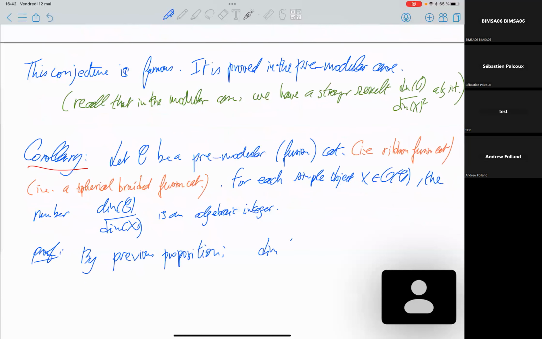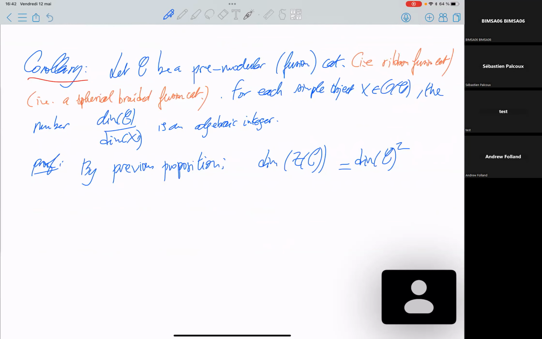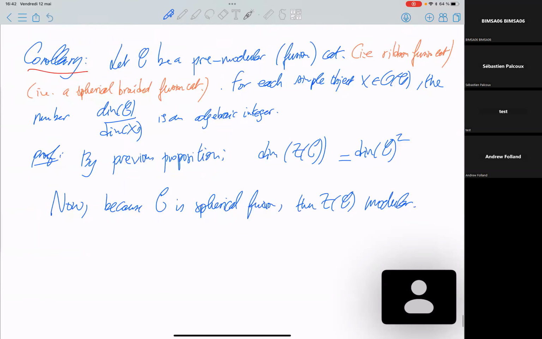The categorical dimension of the center is the square of the categorical dimension of C. Now, because C is spherical fusion, then the center is modular. We already stated that.